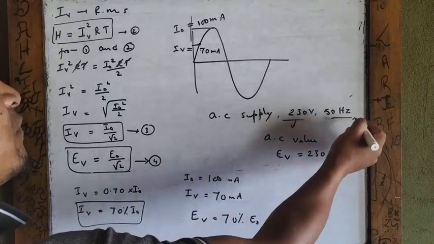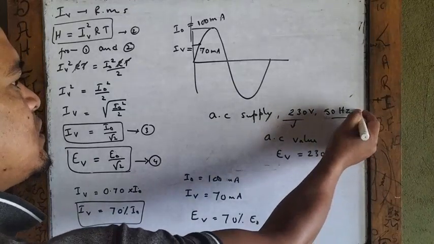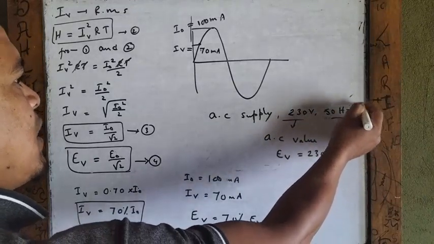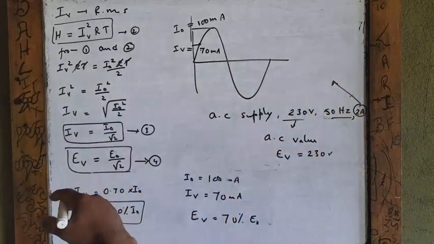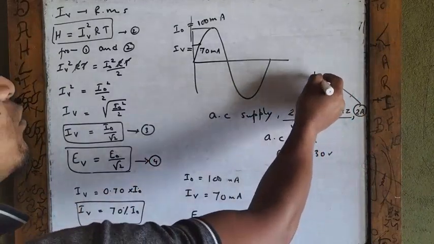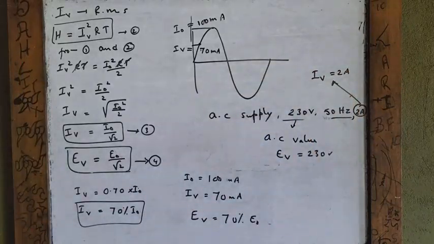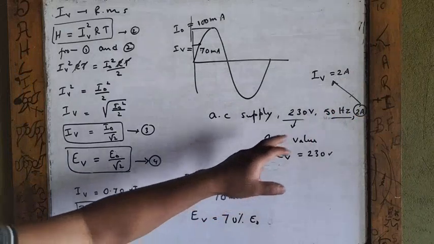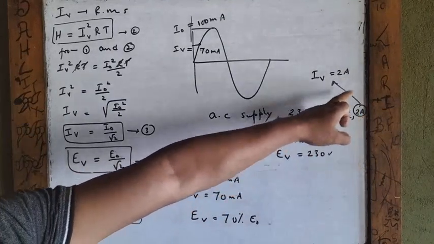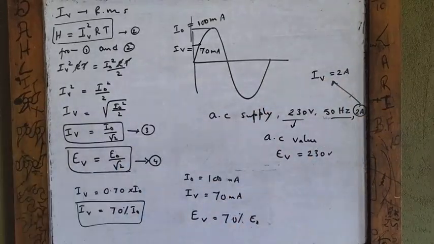And let's say if it is also written that the current is 2 ampere, this 2 ampere current doesn't mean peak current, but it means the root mean square value, that is 2 ampere. So this is important: when we say the alternating current is 2 ampere, it always means the root mean square value.